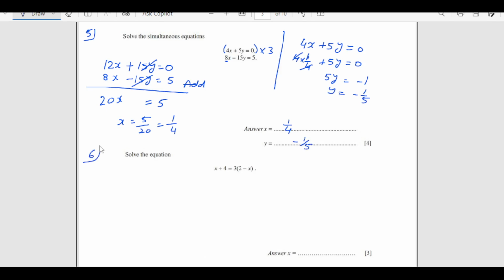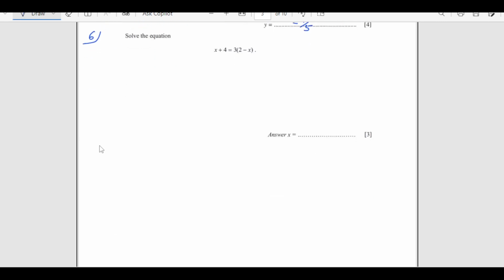So number 6, here we have: solve the equation x plus 4 equals 3 into this. I'm rewriting it. Solve for x means we are looking for the value of x. So 3 into 2 minus x. Expand the bracket. 3 times 2 is 6, minus 3 times x. 3 is going to multiply everything inside, right?